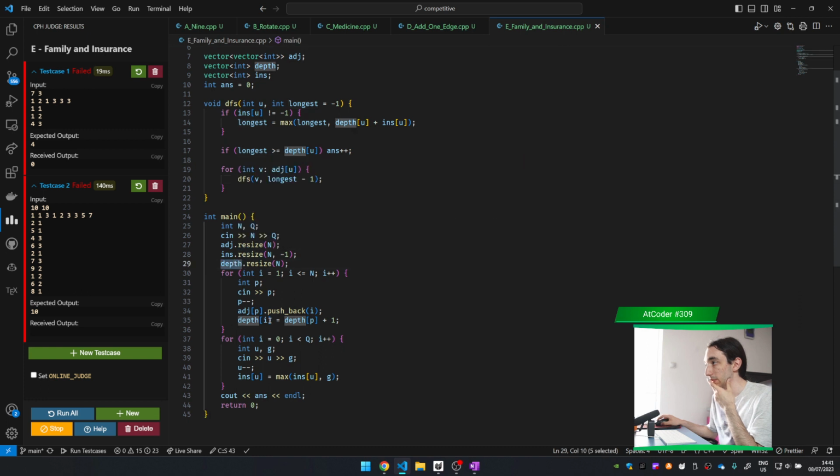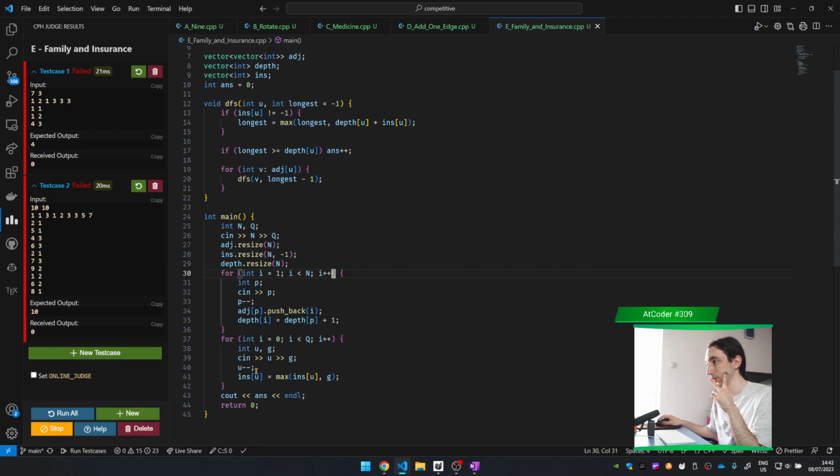Depth is, this should be, right, depth, this is from 1 to n.